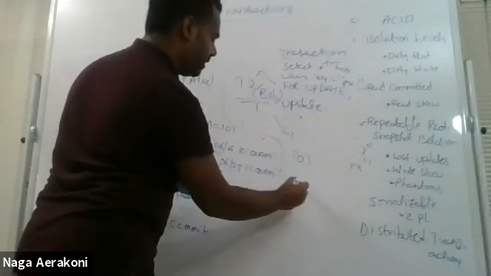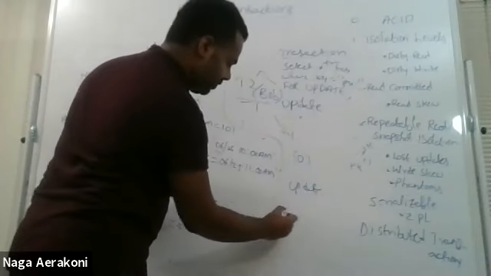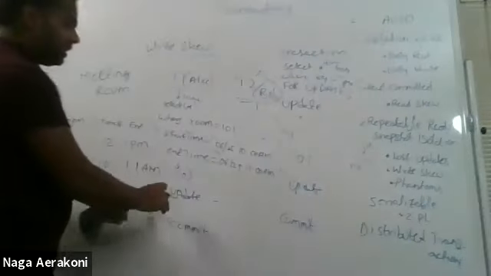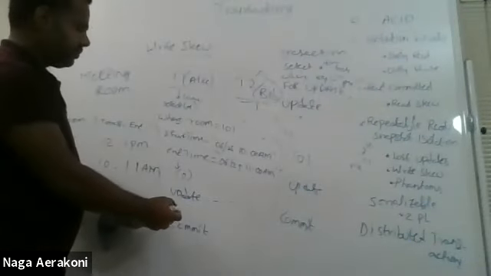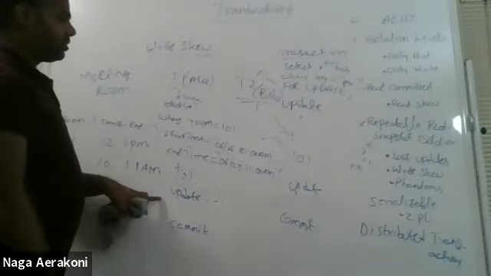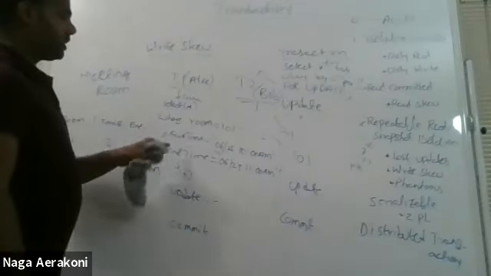So he will also update and he will also commit. So you have a scenario where two people book the same meeting room for the same time, and both of them met this condition. So how do you actually address this?